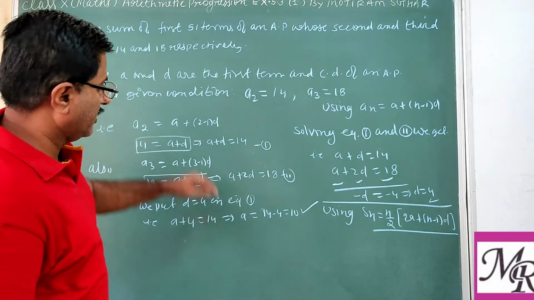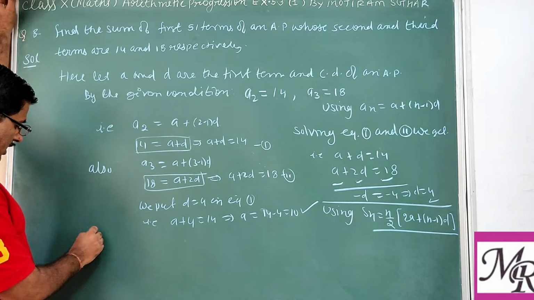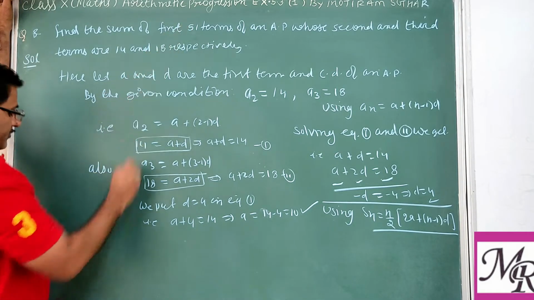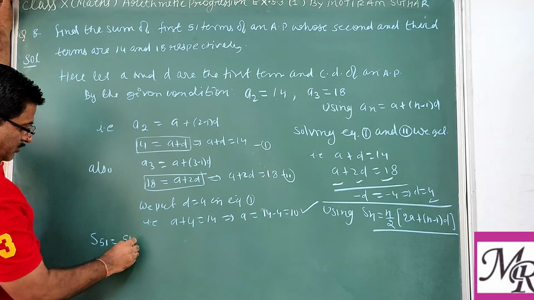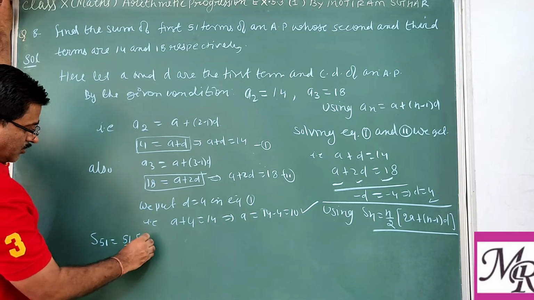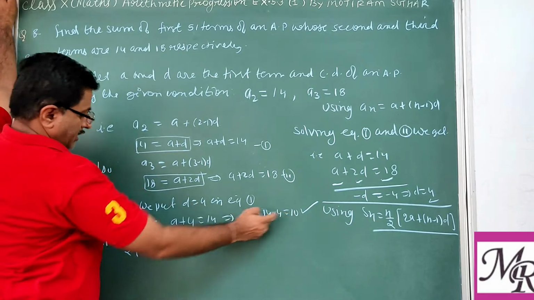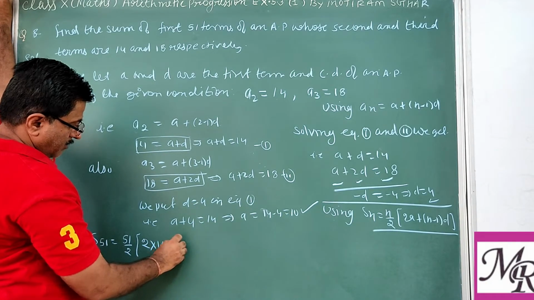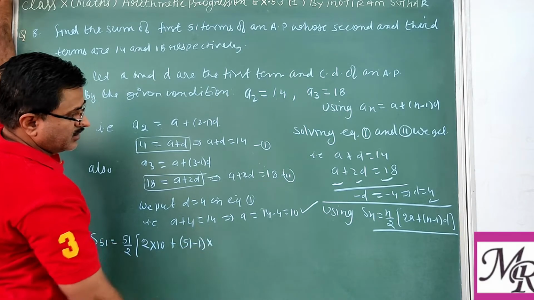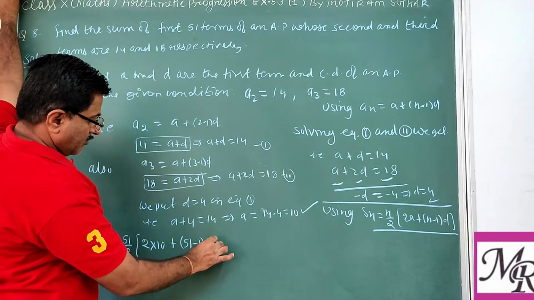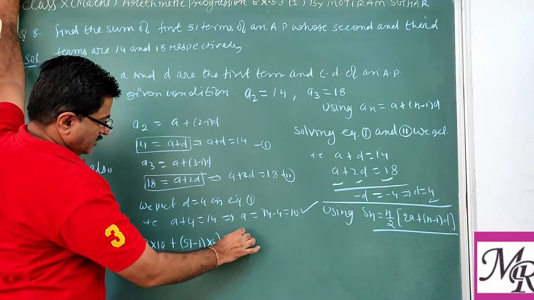This formula we have to use. So Sn means how many terms? 51. So S51, n by 2 means 51 by 2, 2 into first term, that is 10, plus n is 51 minus 1 into d. So d is 4. Now you can solve this.